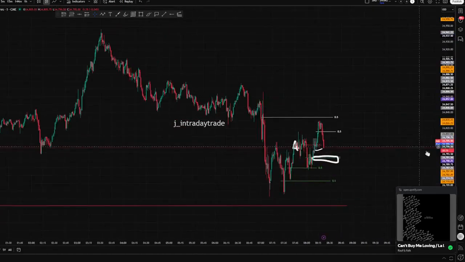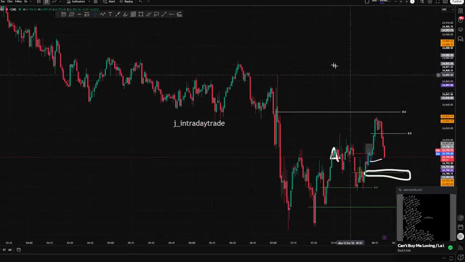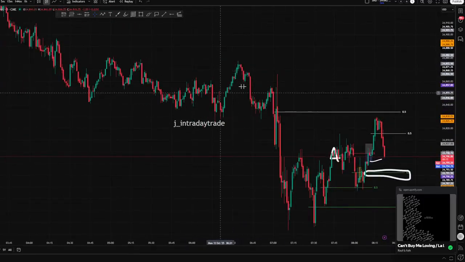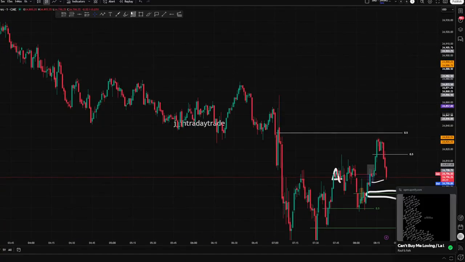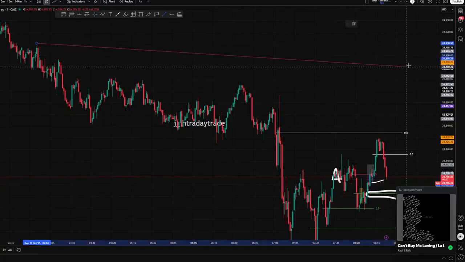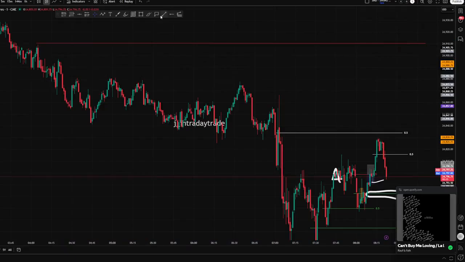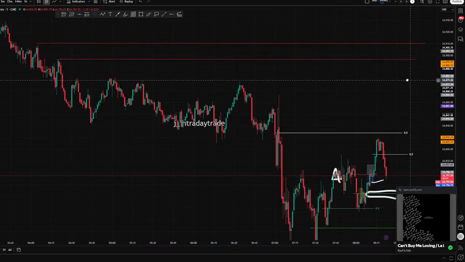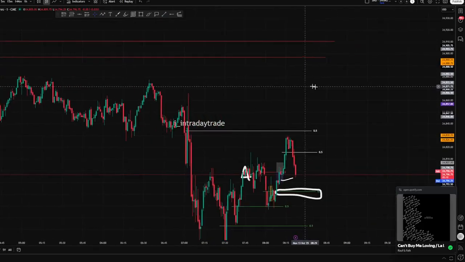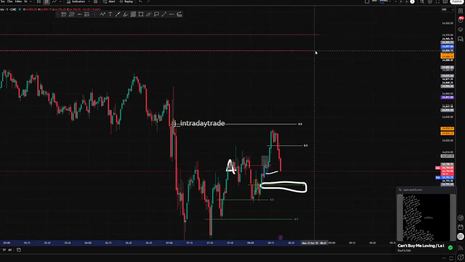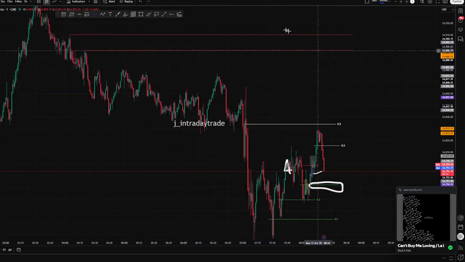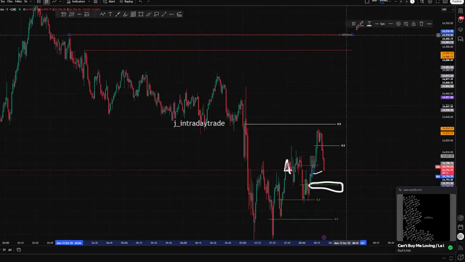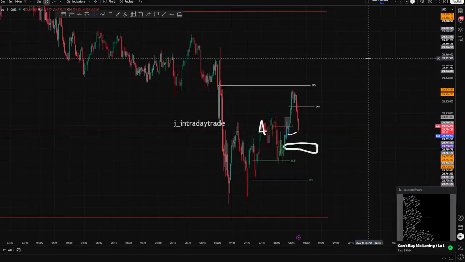I'm trying to find the right idea of price right now. I'm not entirely sure if we're gonna move higher. You know, we have this one up top here of interest potentially. Got this one up top as well. These are the essential ones that I'm interested in to the upside. Not so much this one because we ran two highs in here, so this would be something like that.